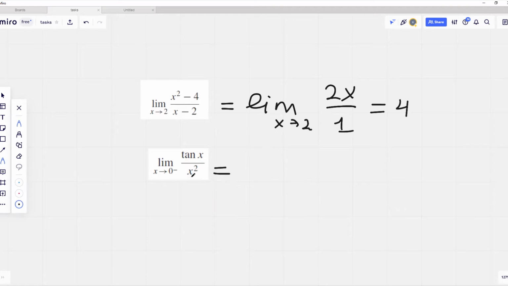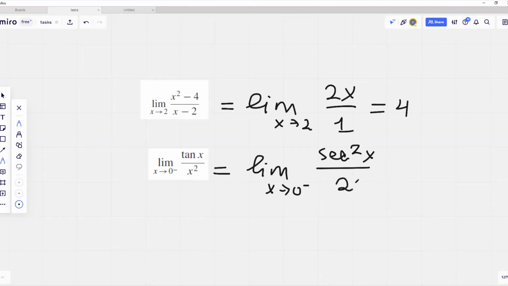Now let's take a look at the following limit. First, let's confirm that this limit is an indeterminate form of 0 over 0. That is true. Tangent of x is approaching 0 when x is approaching 0 from the left, and x squared is also approaching 0 when x is approaching 0 from the left. So then we can use L'Hôpital's rule. The derivative of tangent of x is secant squared of x.